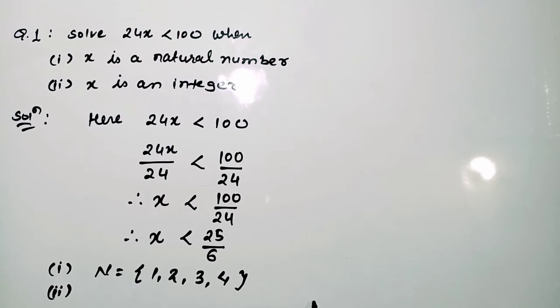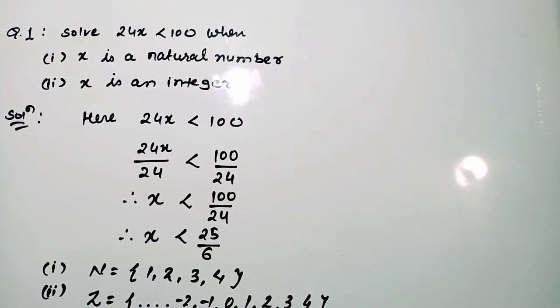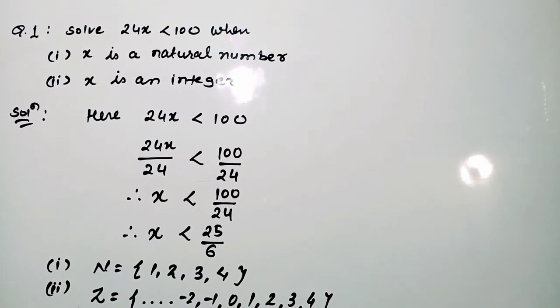So the terms will be 4, 3, 2, 1, 0, minus 1 and so on. Okay students, these are the solutions in the form of natural numbers and integers of the given linear inequality.